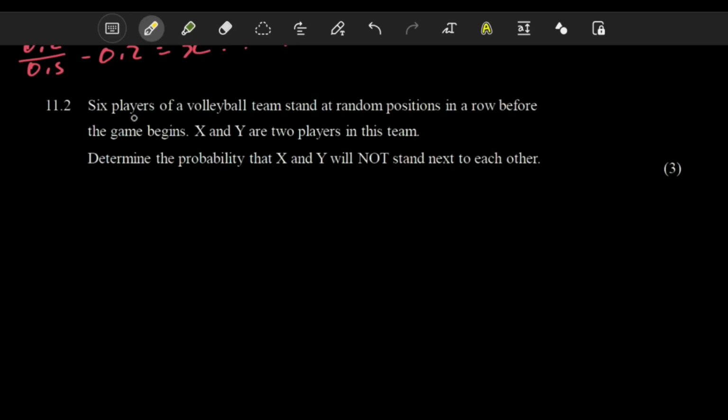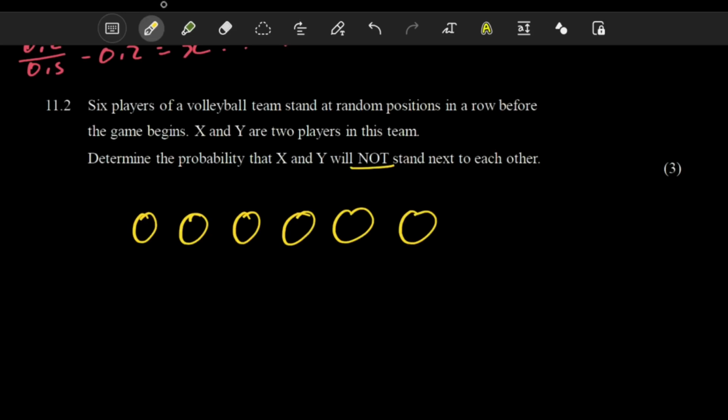Here, they're talking about 6 players of a volleyball team standing at random positions in a row. So you have 6 people: 1, 2, 3, 4, 5, 6. Then they said X and Y are 2 players in this team, and determine the probability that X and Y will not stand next to each other.